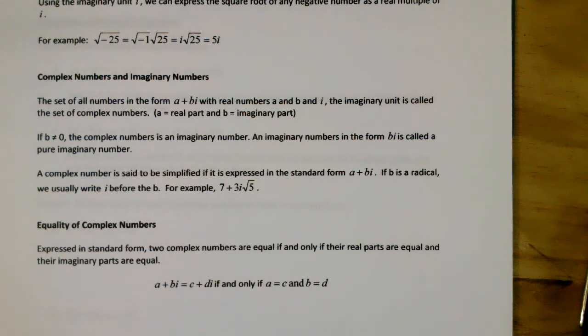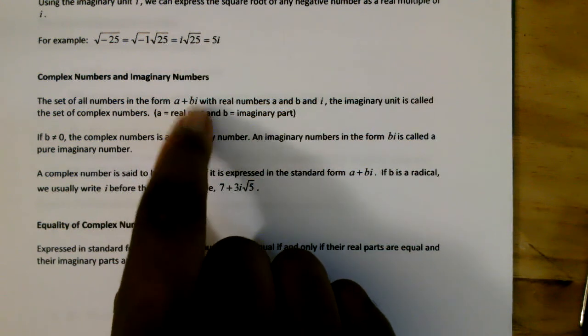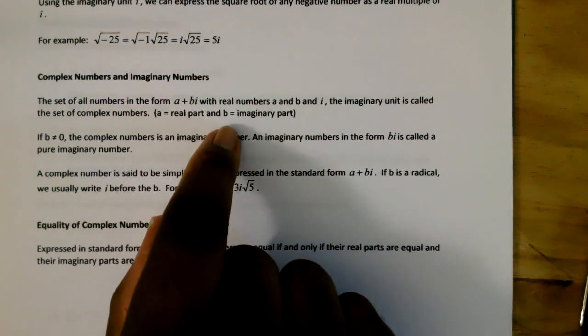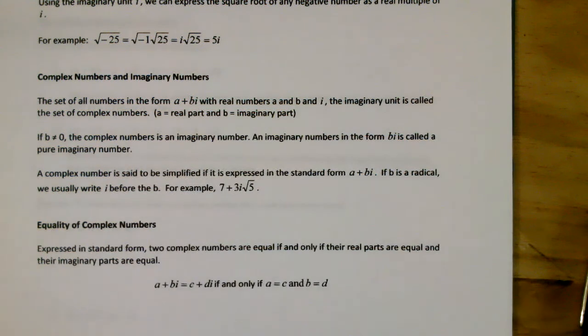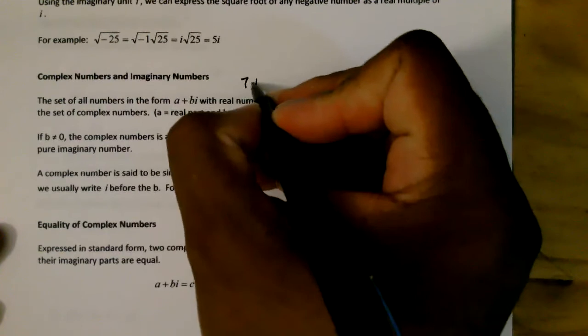In this case, the a is the real part. The b, the number in front of the i, is the imaginary part.